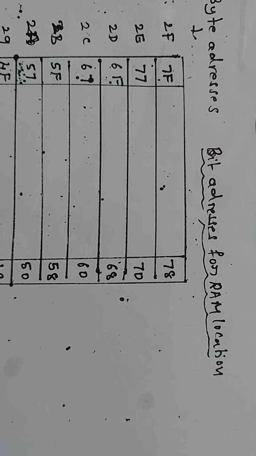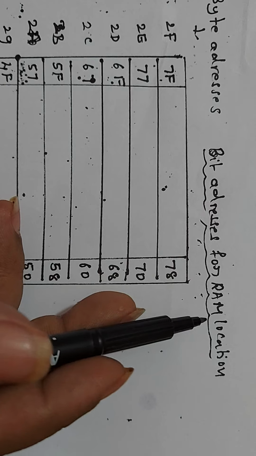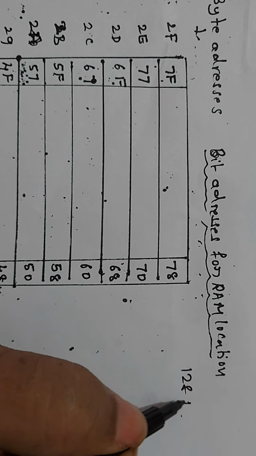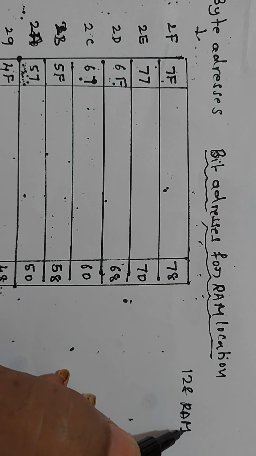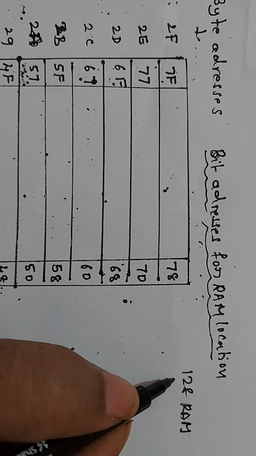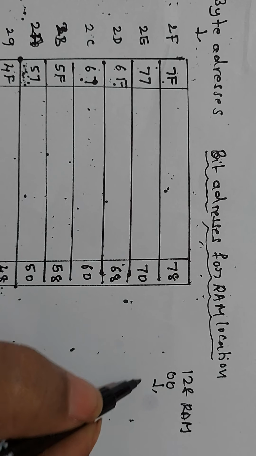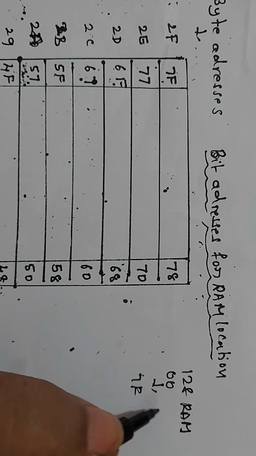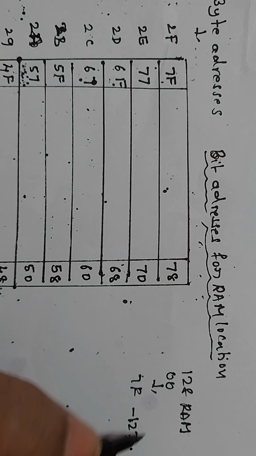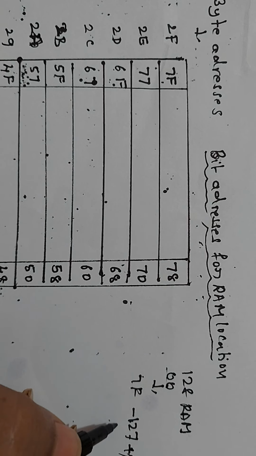First we shall discuss bit addresses for RAM locations. We know that there are totally 128 RAM locations, and the byte addresses of all the RAM locations start from 00 to 7F. 7F is 127, including 00, so there are totally 128 RAM locations.